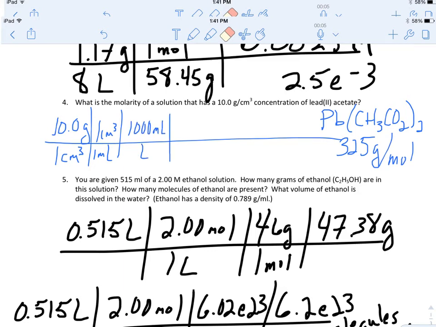So we convert it to liters. 1,000 milliliters in 1 liter. Now we have it in liters, so now we just have to convert the 10 grams to moles, and we do that by saying 1 mole has a molar mass of 325. And then grams cancel grams, centimeters cubed cancel centimeters cubed, milliliters cancel milliliters, and our answer will be in moles per liter. Do the math, and we end up with 30.8 moles per liter.